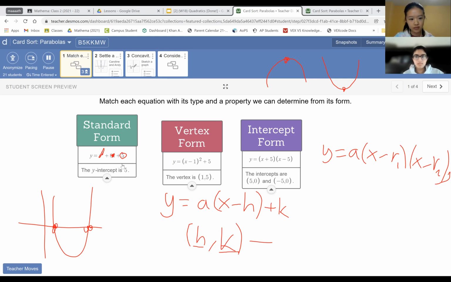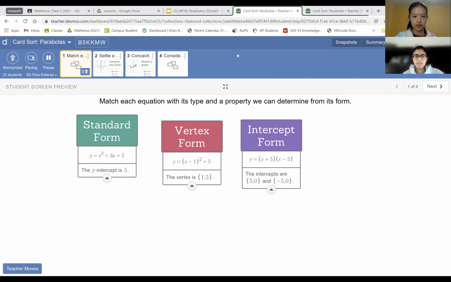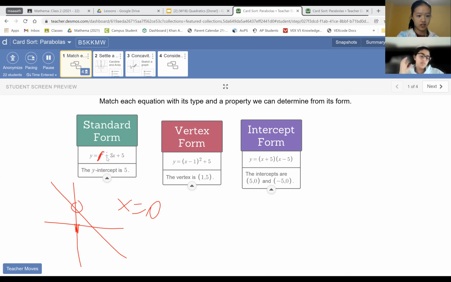Why does x have to be 0? The y-intercept is when the graph crosses the y-axis, right? So this would be the y-intercept. So the y-intercept happens when x equals 0. When you're solving for the y-intercept, you just set x equals 0 and plug it into the equation. The thing is that standard form, the way it's written, makes it really easy to solve for the y-intercept, because when x is 0, the first term is 0, the second term is 0, and all you're left with is this last term here.